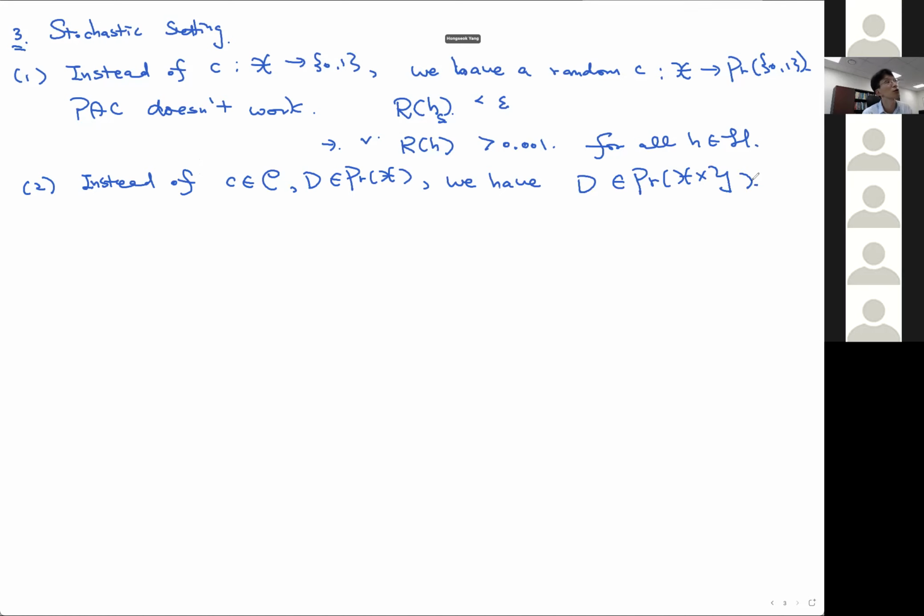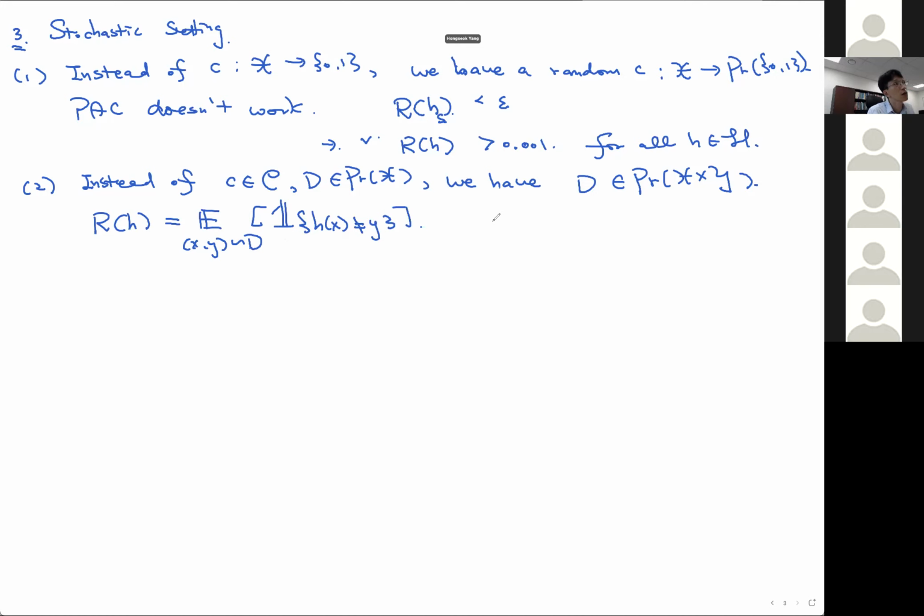So instead of a distribution of inputs, and then the output determined by unknown C, we have just a probability distribution D. And then the risk is defined with respect to this. The risk of some function H is nothing but the expectation, over a pair (X, Y) sampled from D, of the probability that H didn't get the answer right, so H of X is not equal to Y.